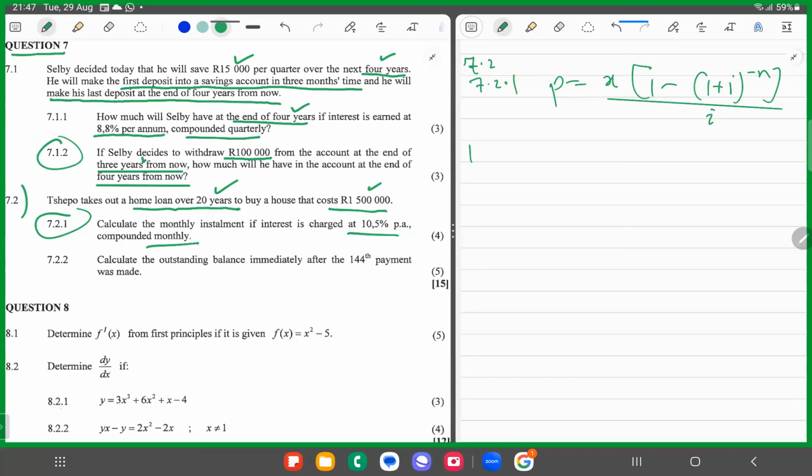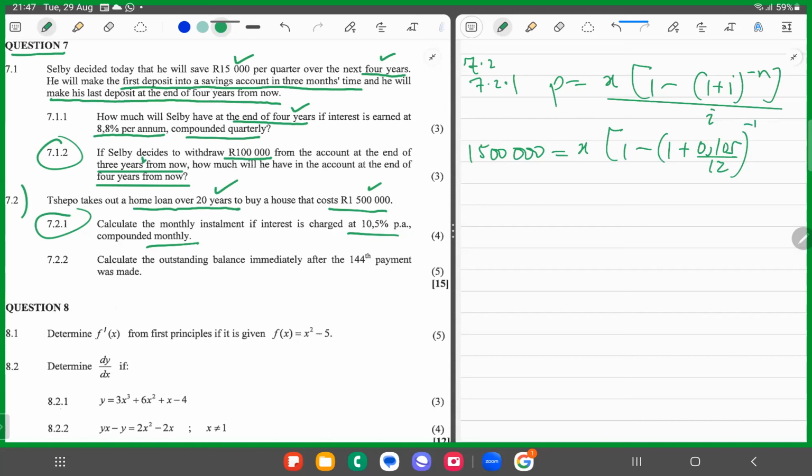So this is 1.5 million equals x into that, with i being 0.105 divided by 12.